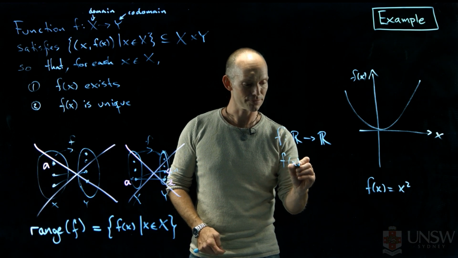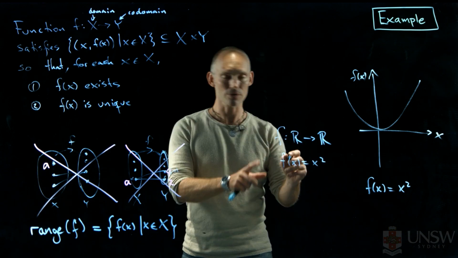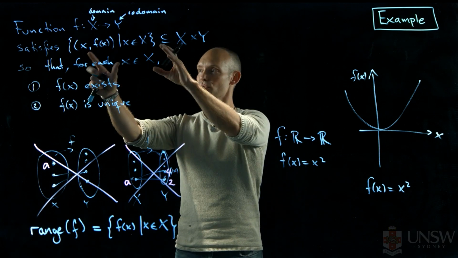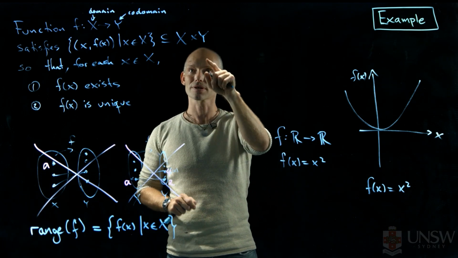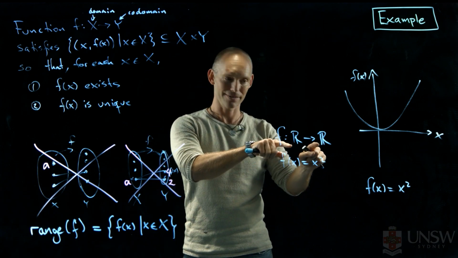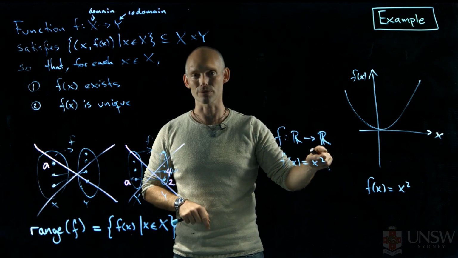We can write it up here again. And then we can represent this function as a subset of this Cartesian product where x and y are, in this case, the real numbers and also the real numbers.